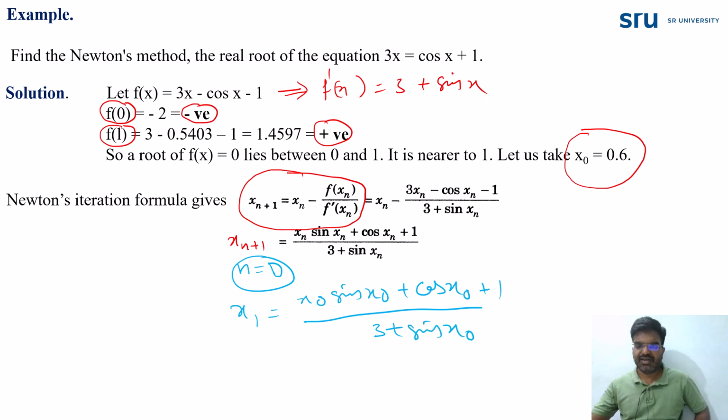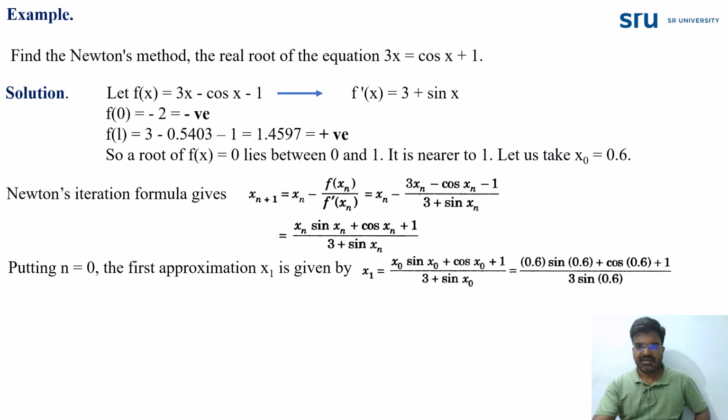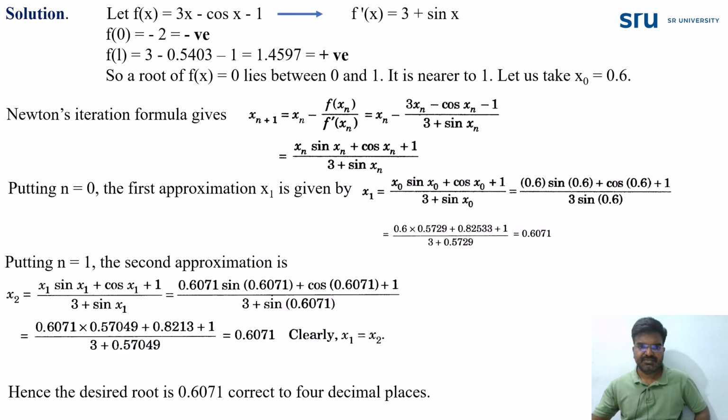Already we have x naught value 0.6. If we substitute x naught here, that gives the next approximation x1. See the value of x1 here. It is 0.6071. Now by using this x1, we can find the next approximation, that is x2.